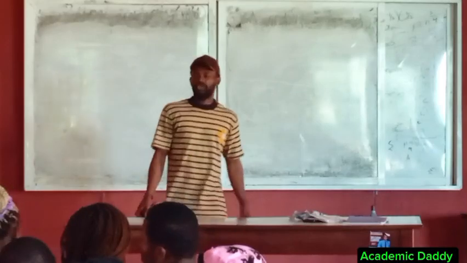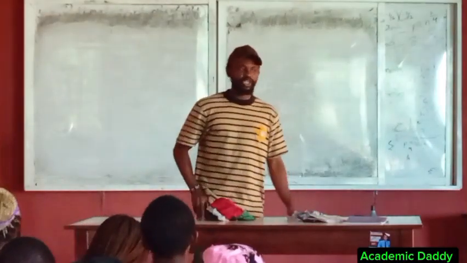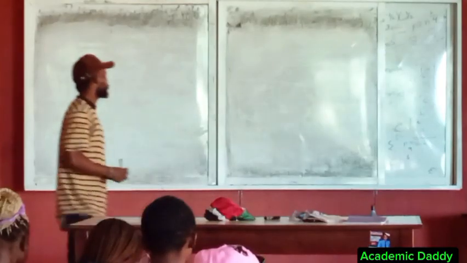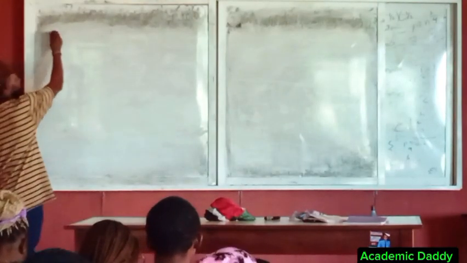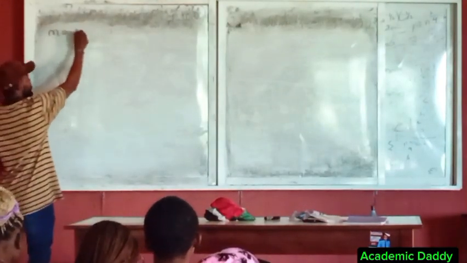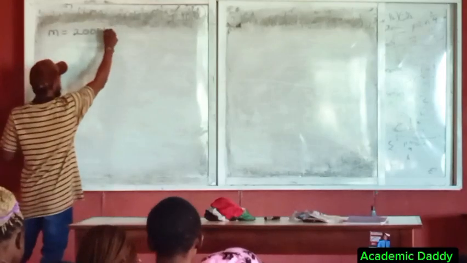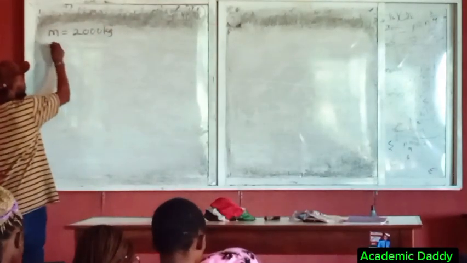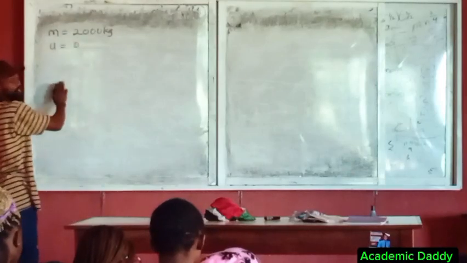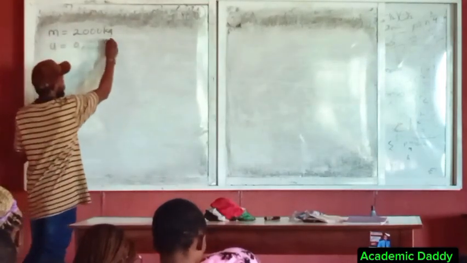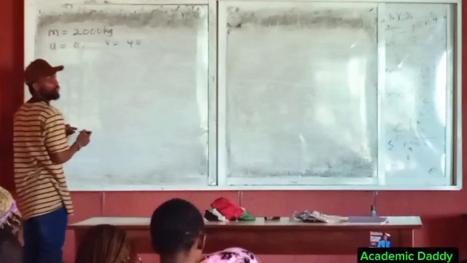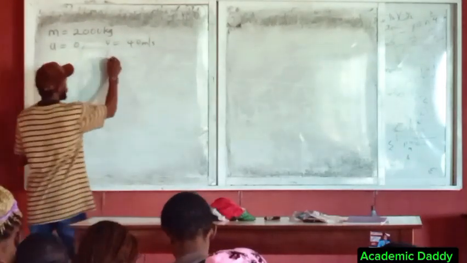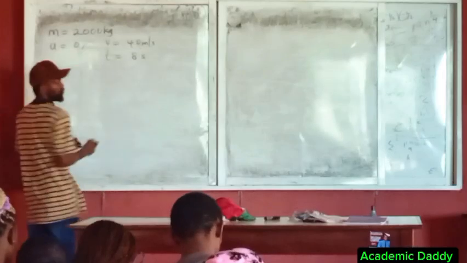Alright, so let's try to solve it together. Give me the parameters here. Okay, initial velocity, that is u. It is 40 meters per second. And our t is what? 8 seconds.